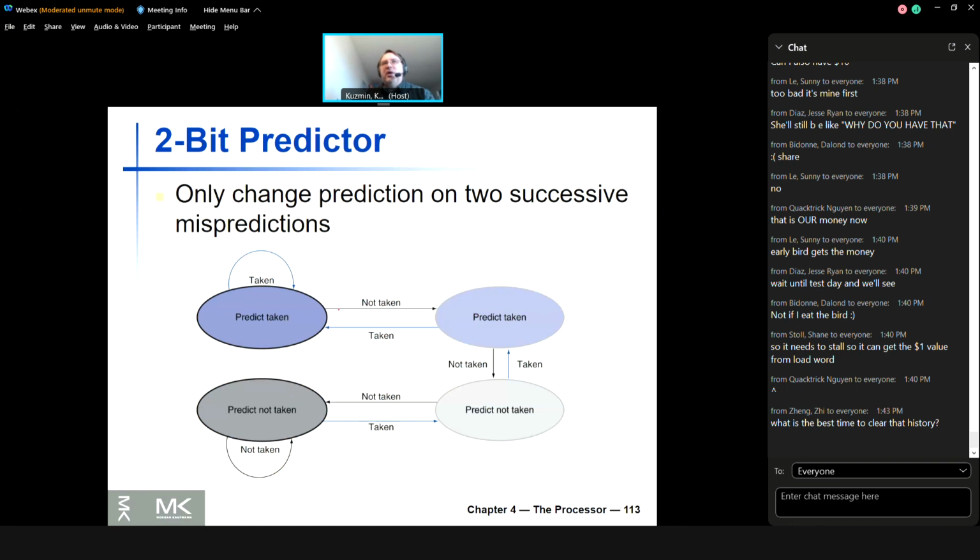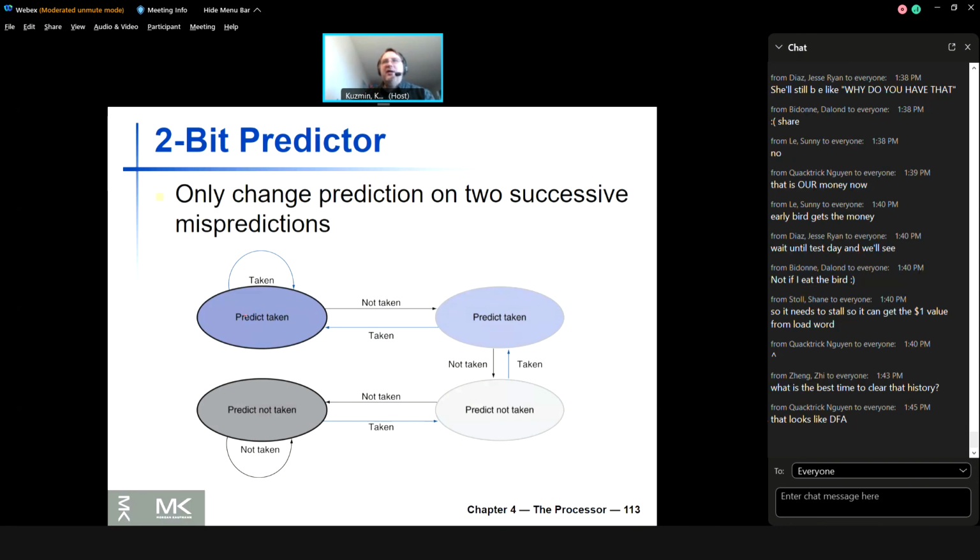So we can do a 2-bit predictor. Here is something hopefully familiar to you: it's a finite automaton, a DFA exactly, and so we can just encode our states: 00, 01, 10, 11.